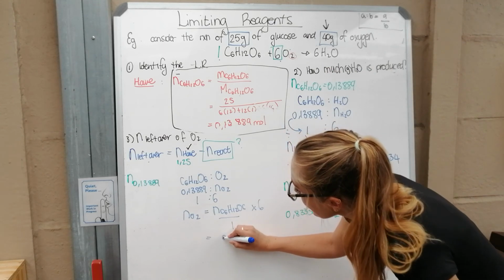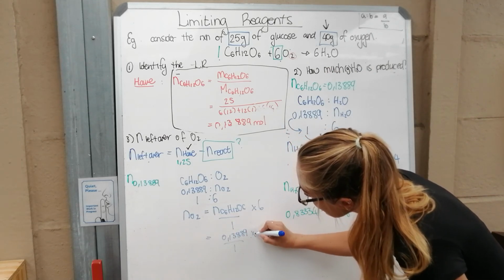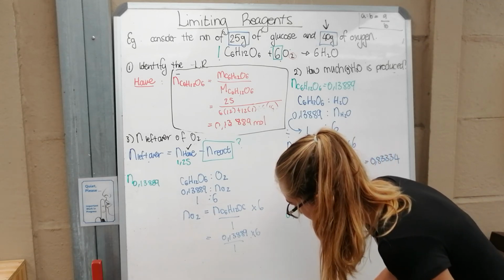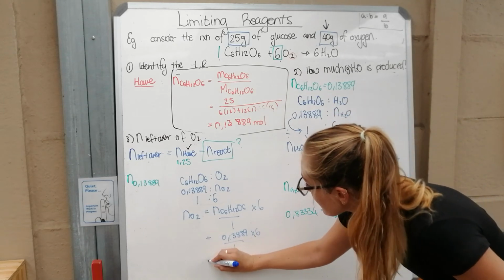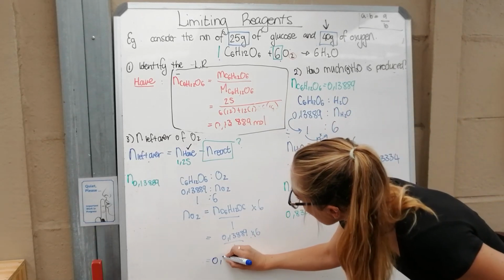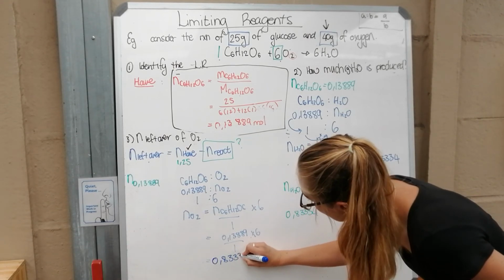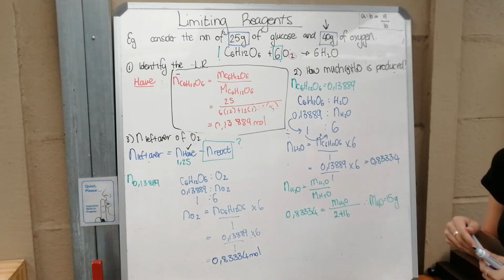So that's going to be 0,13889 divided by 1 times 6. Which is actually the same as for water. Okay, so that's going to equal 0,8334 moles of oxygen that reacted.